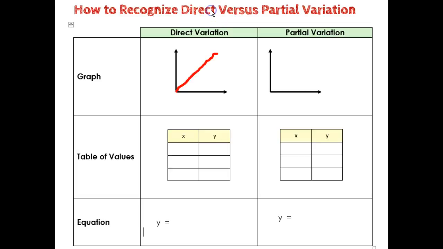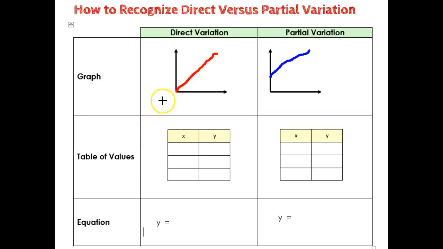Conversely, if you have a partial variation, you're not going to see your y-intercept at 0, 0. You're going to see the line increase from some other fixed value up here. Okay, so next, let's see how we can apply that to a table of values.